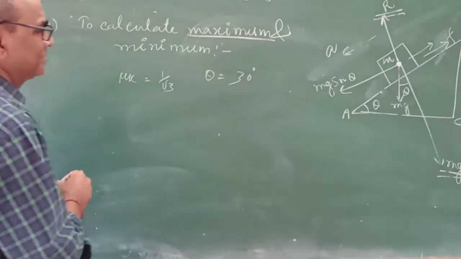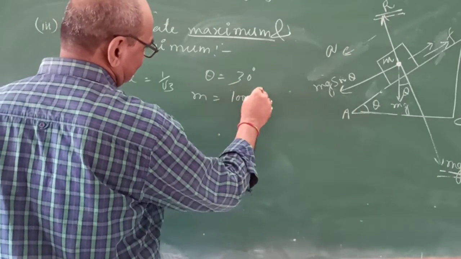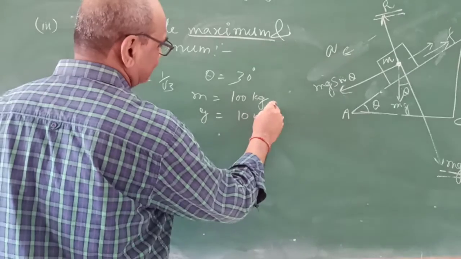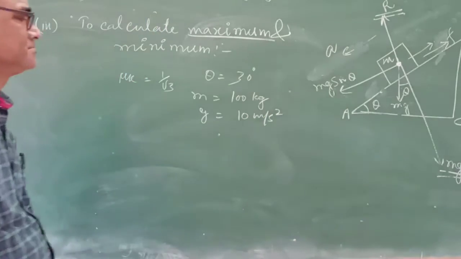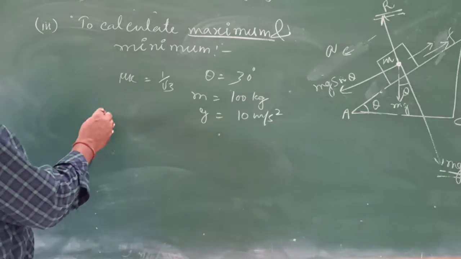The block has mass 100 kilogram. g is how much? 10 meter per second squared, for the sake of simplicity. Then how can you find the maximum and minimum force?